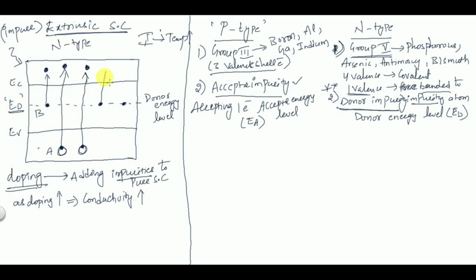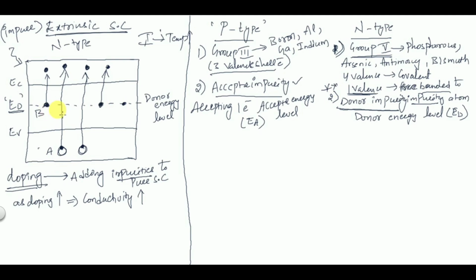From here to here, no hole will be left, because what is a hole? Non-existence of an electron in a covalent bond. All these electrons are not involved in covalent bonding. They are the fifth valence electron, bound to the impurity atom, so they are not involved in covalent bonding.